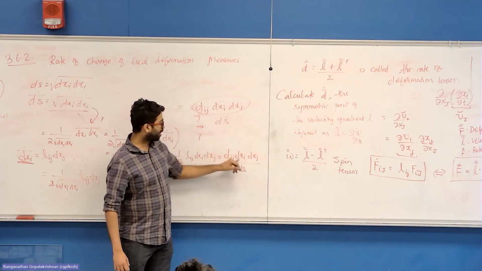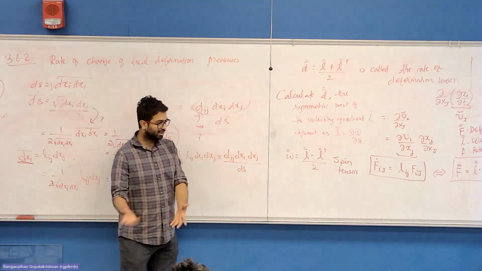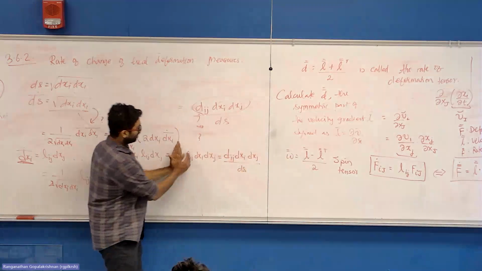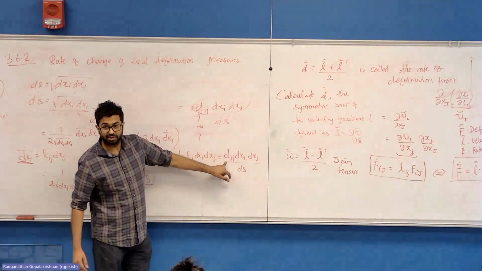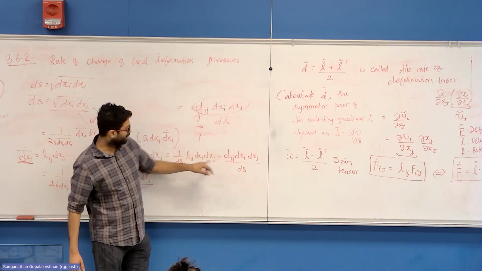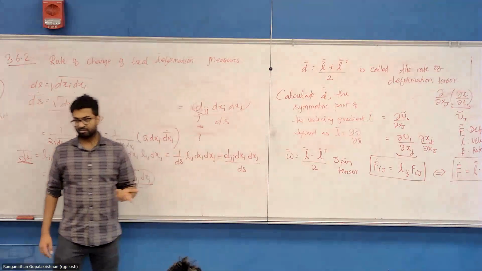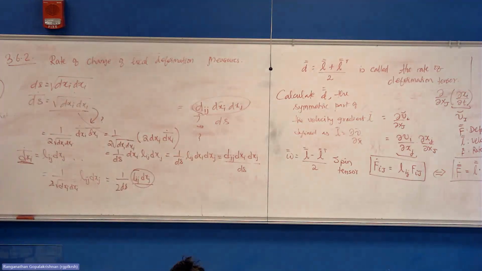So W product with dxi dxj is zero. Only the symmetric part of L contributes to this expression. That's why they went from L to D directly. Okay.